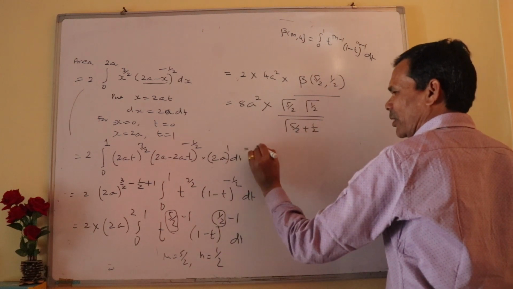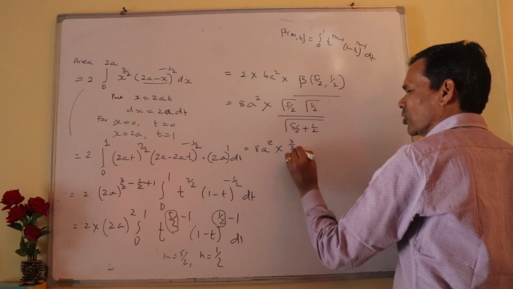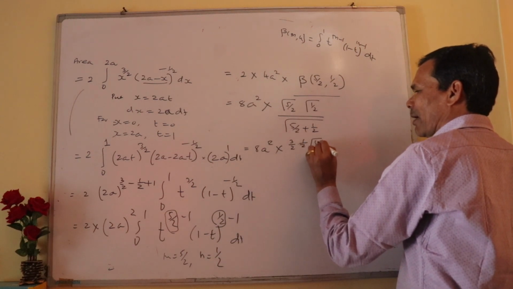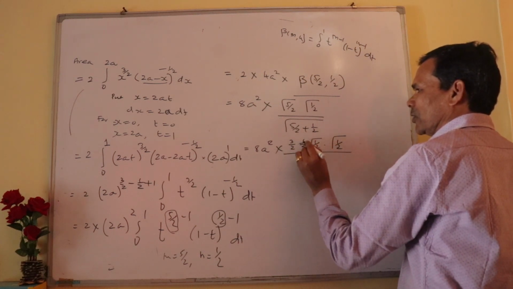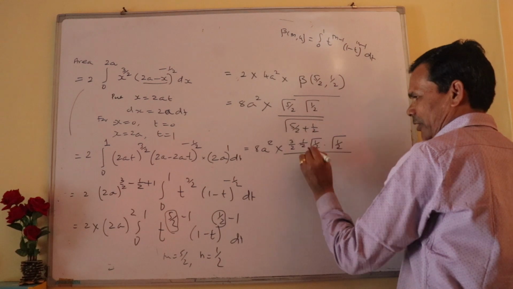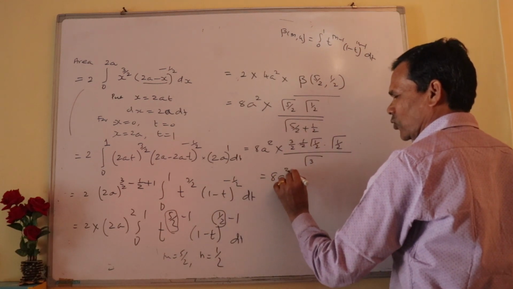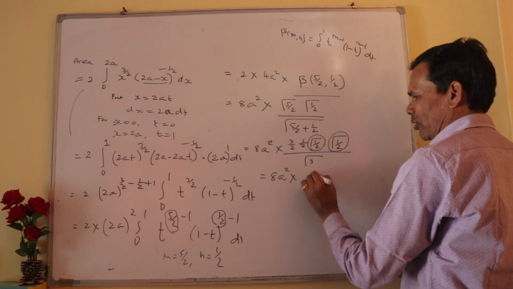We simplify this further. 8a square into gamma 5 by 2, by the reduction formula of the gamma function, this is 3 by 4 gamma half, and this is gamma half, divided by 4 by 2, 6 means gamma 3. So you can simplify this further. 8a square, this is root pi, this is root pi, so pi you are getting.